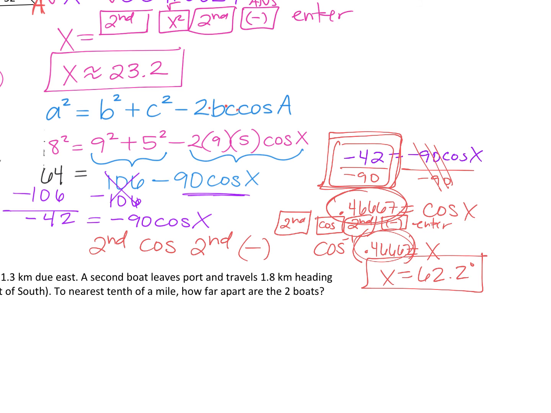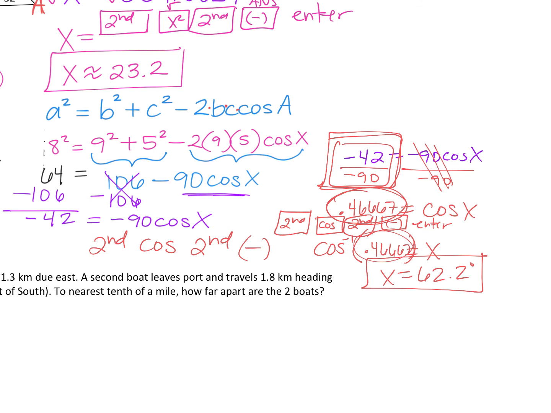Don't clear it. Second, cosine, second, negative. Enter. Okay? So whenever you're finding the inverse, you always have to do second, cosine, second, negative, as long as you have what you're taking the inverse of stored in your calculator right there.